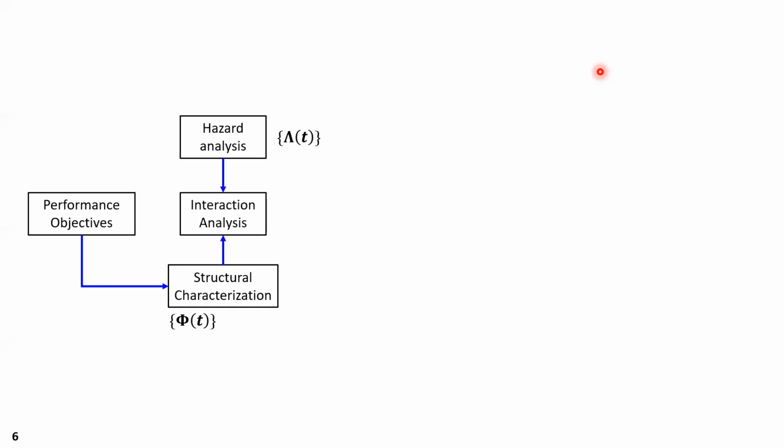Then with this hazard analysis and the structural characterization, we can follow with the interaction analysis that, depending on the system, on the structure and the analysis, can be fluid-structure interaction, also soil-structure interaction. And then we perform the structural analysis where we define the vector theta that will basically define the response of the structure, which is usually also named engineering demand parameters.